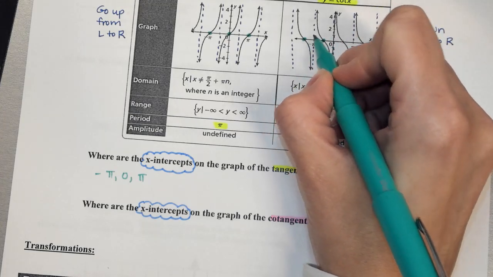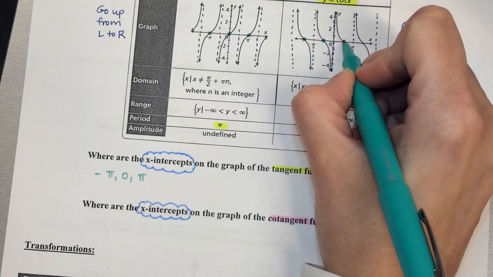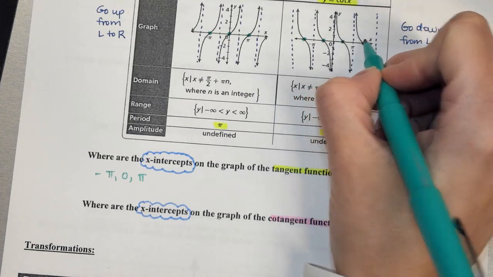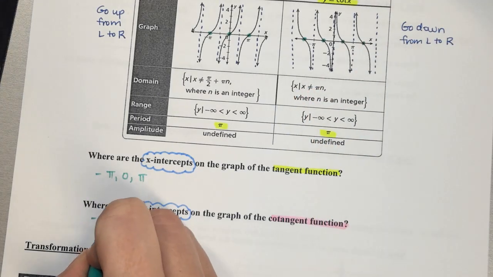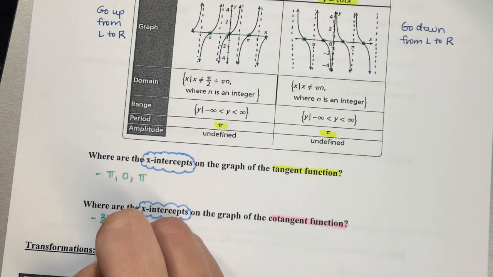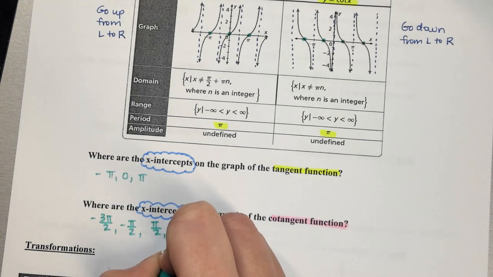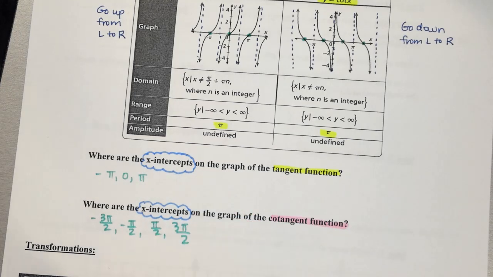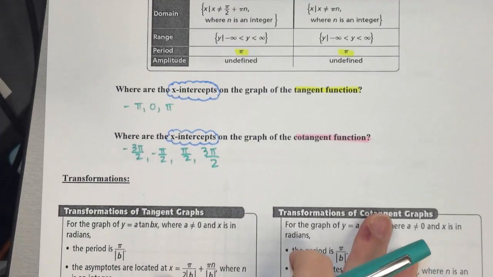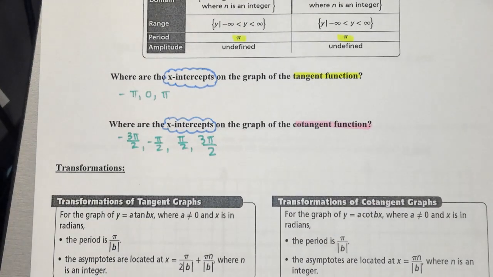Yep, this is negative 3 pi over 2, negative pi over 2, and then we have the positives as well. So negative 3 pi over 2, negative pi over 2, pi over 2, 3 pi over 2. Okay, we are going to be using these today when we are graphing to help us with our patterns.